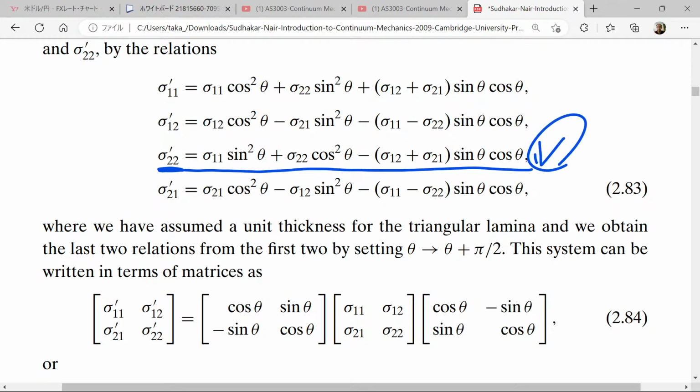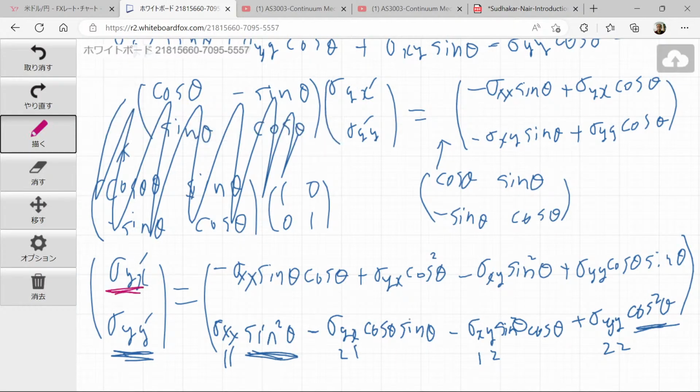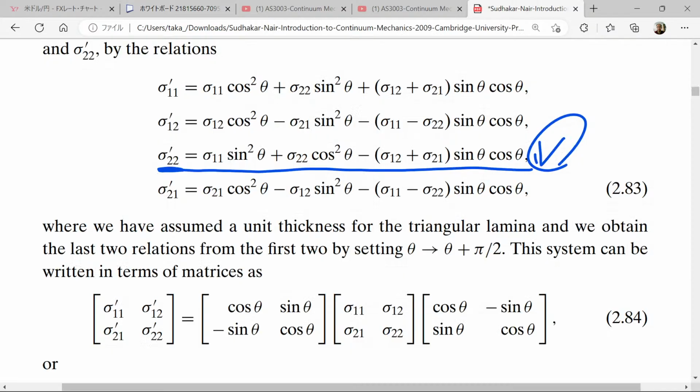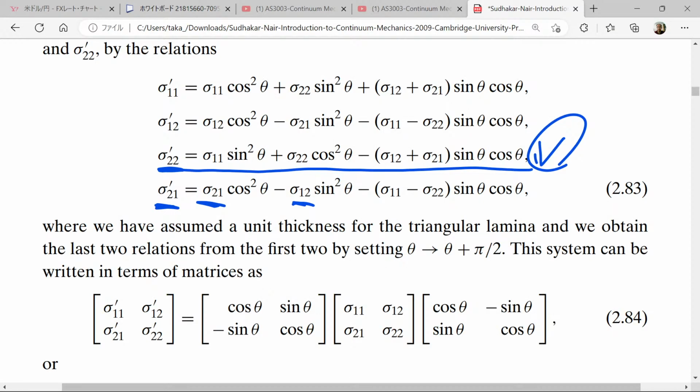So now we go to 2, 1. 2, 1 is this one, right? 2, 1, we check. The 2, 1 part is 2, 1, 1, 2. Cosine square minus sine square.